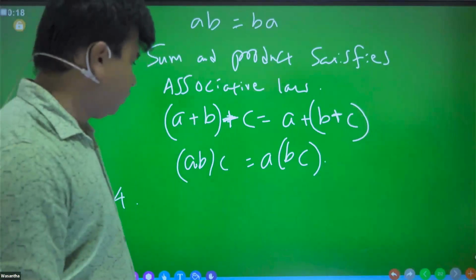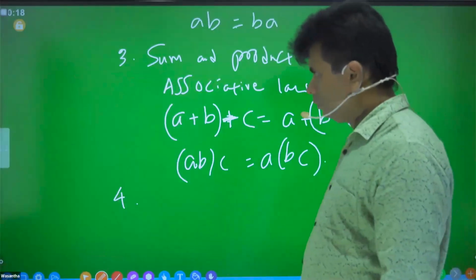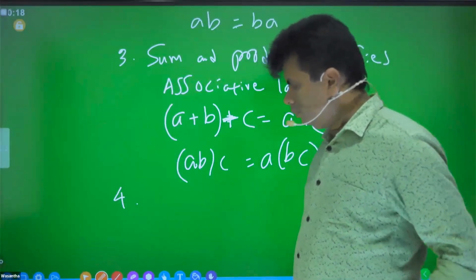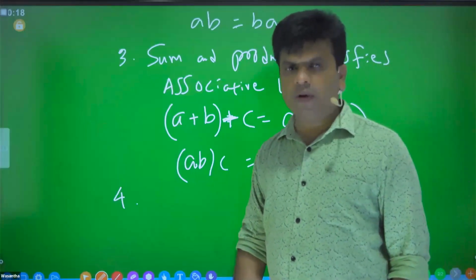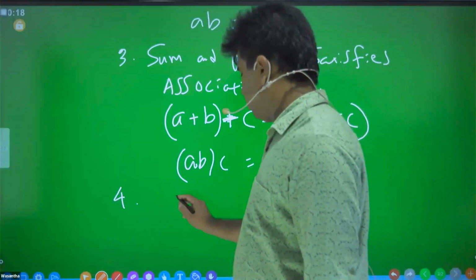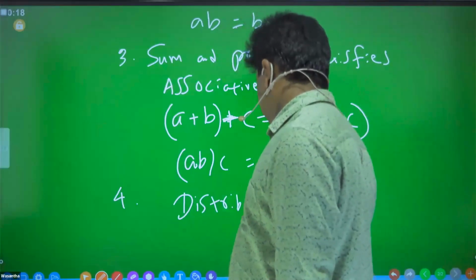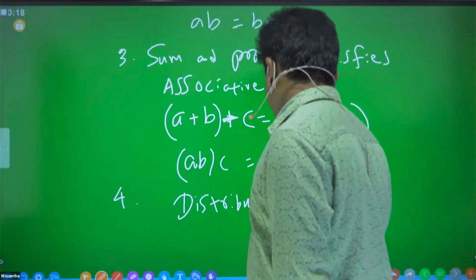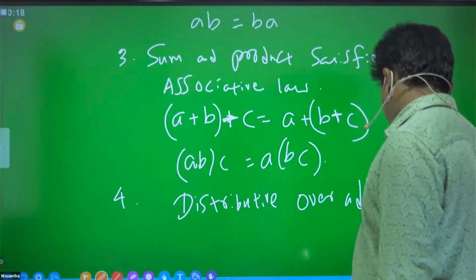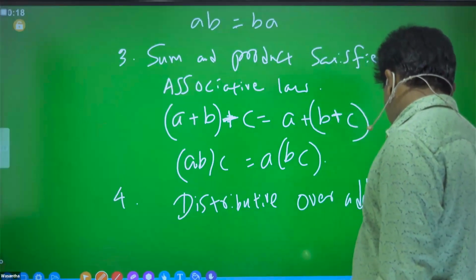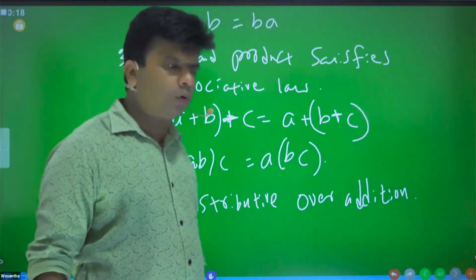Okay. Next one, fourth one. Real numbers are distributive over addition, right?